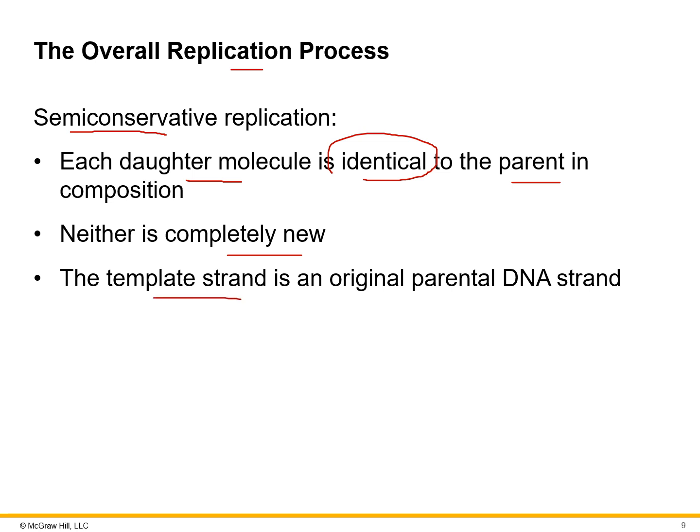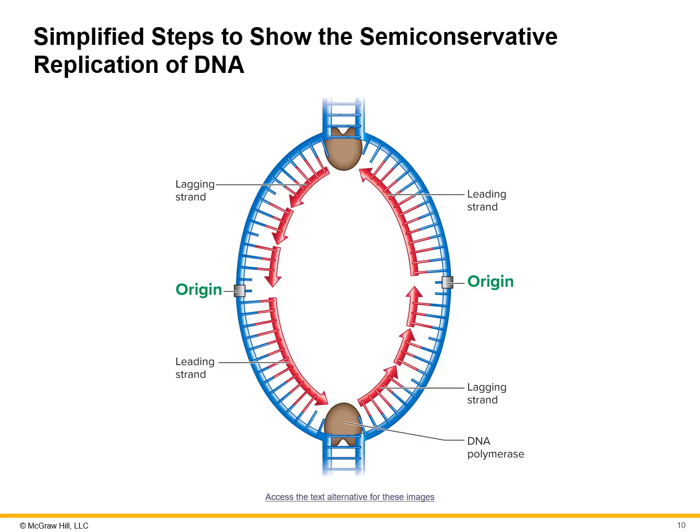So one of the strands, one of those nucleotide strands is called the template. It's the original strand, so it's conserved. The other strand gets synthesized, so it's new. So at the end, each DNA molecule has one strand of DNA that was old, it was original, and one new strand that was just made complementary to that template.